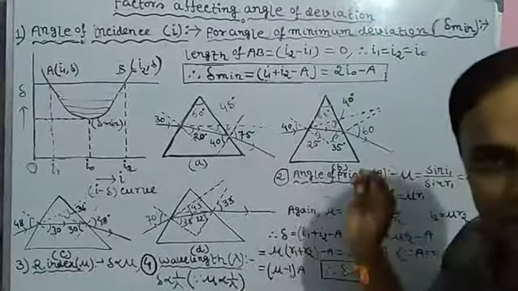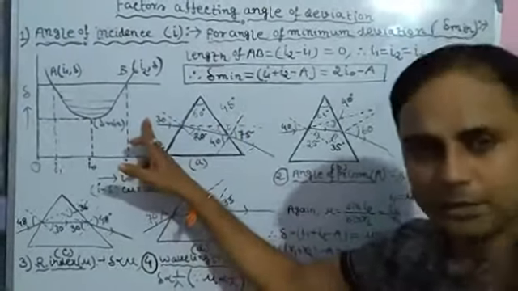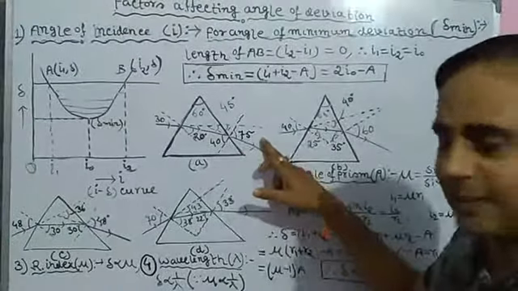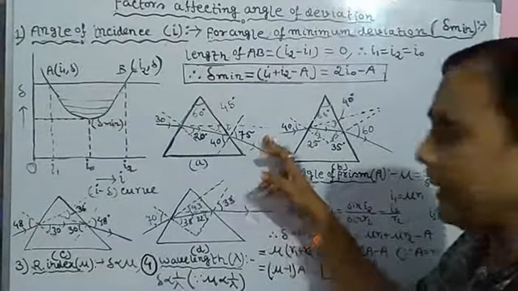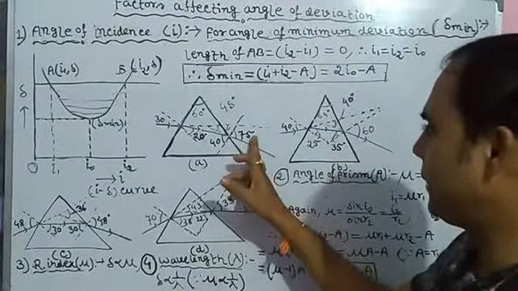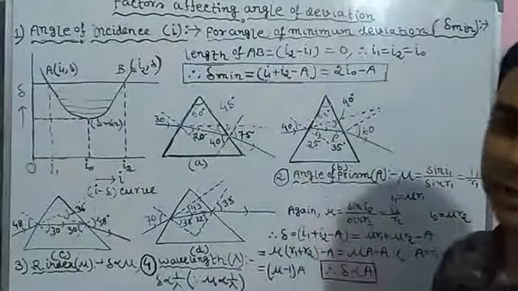Deviation 45 degree. If light is incident through this direction, the value of I1 will be 30 degree. If light is incident through this, I1 will be 75 degree. Isn't it? If light is incident through this direction, I2 is 75 degree. If through this, I2 will be 30 degree.